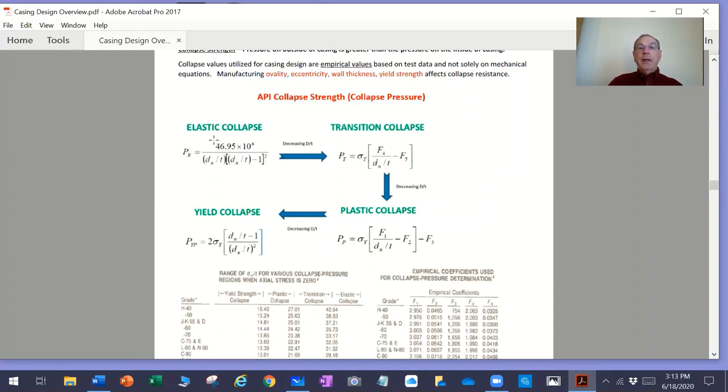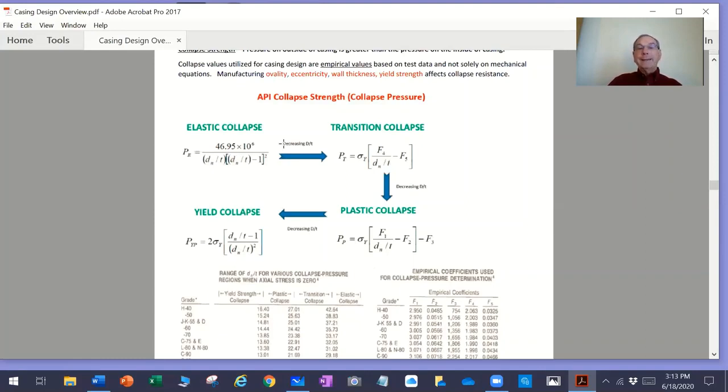So you'll see that the elastic collapse equation is based on very large OD pipe, and it transitions from the very largest OD to smaller OD pipe, in which you'll end up with a smaller D over T ratio. So D over T ratio is decreasing as you go this direction.